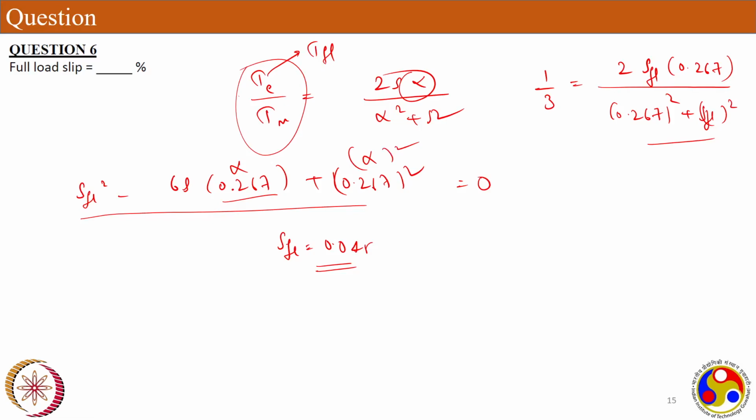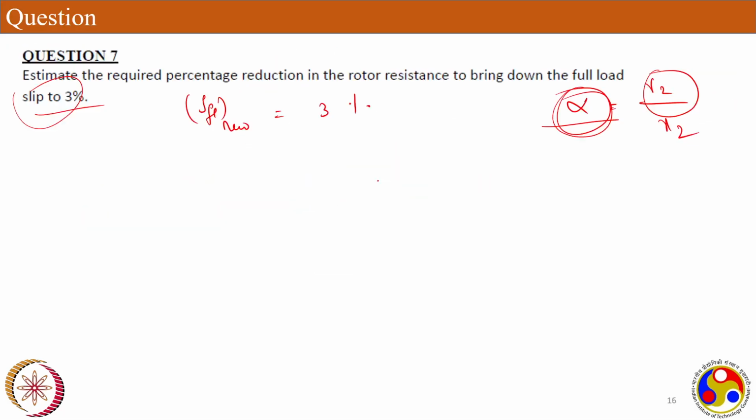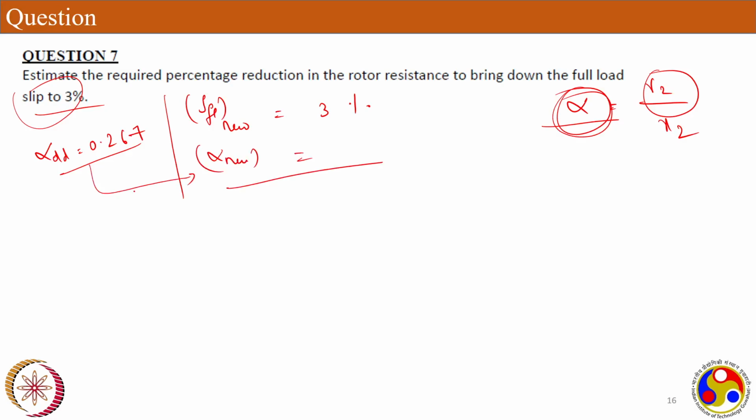Now you will have a new relation for this condition. Alpha old is 0.267. If you can get alpha new, then you can get the percentage reduction between alpha old and alpha new. So your aim is to calculate alpha new.